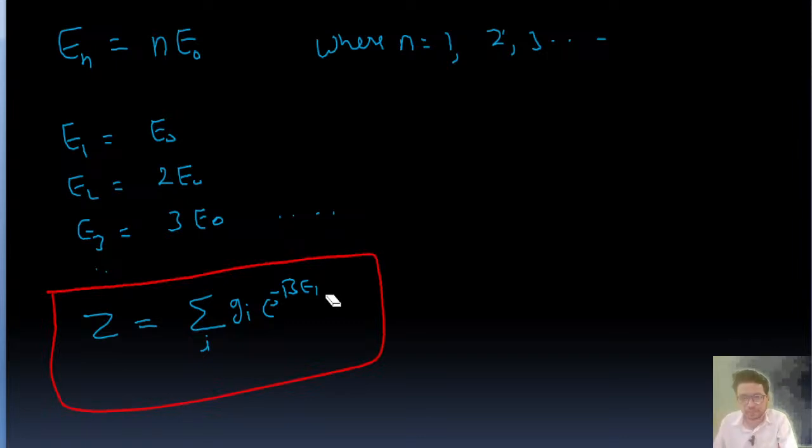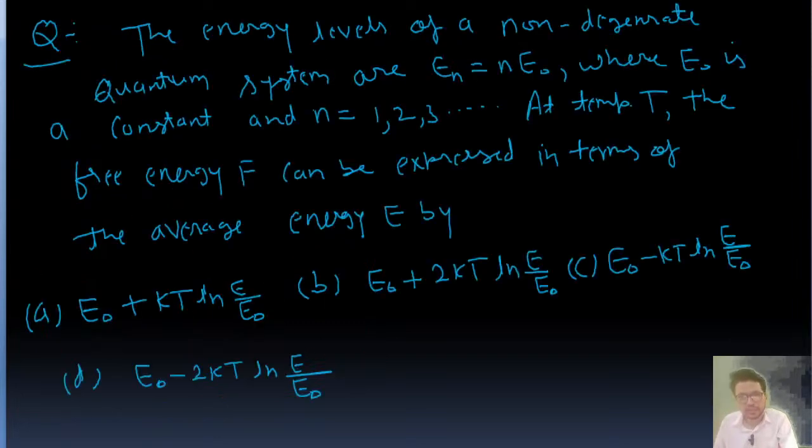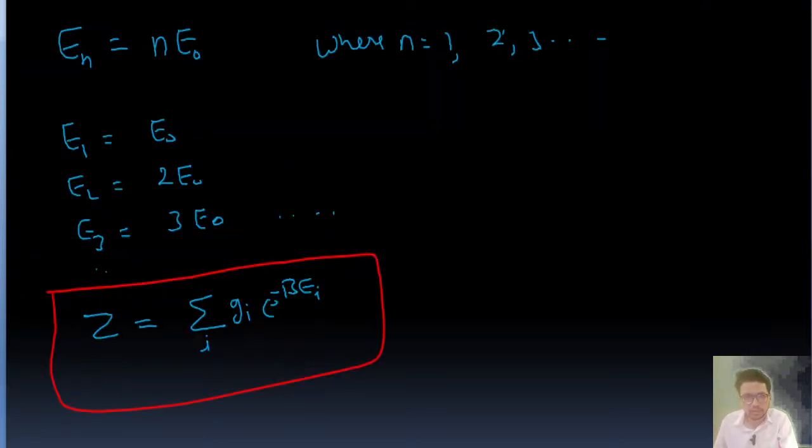This is the partition function formula, guys, you need to note it down. Because it is given in the question that it is a non-degenerate quantum system, it means degeneracy is 1.